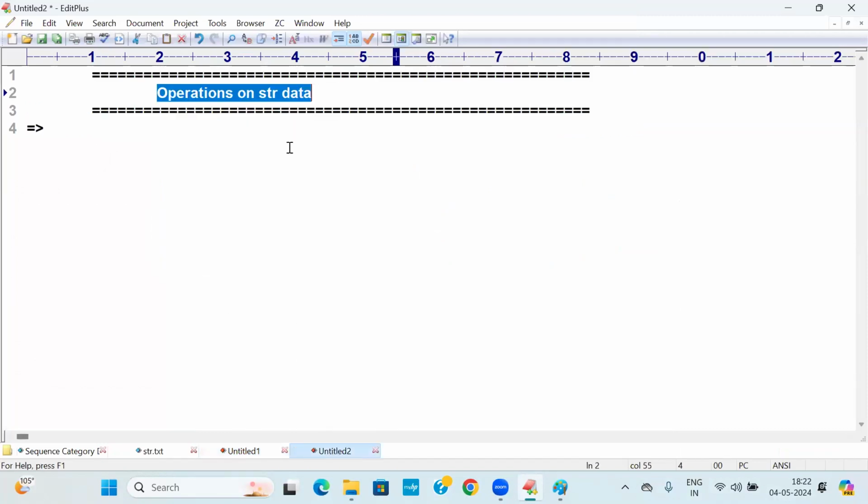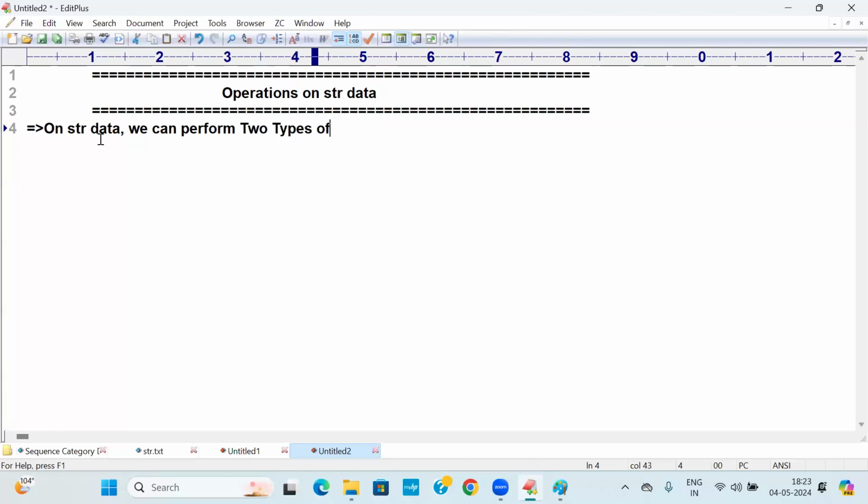So let us move to the further operations on STR data. So let us start with the subject. Dhanush, if you are absent, it will be like this only, because we are not going to repeat the same thing again in the class. Now on STR data, we can perform two types of operations.